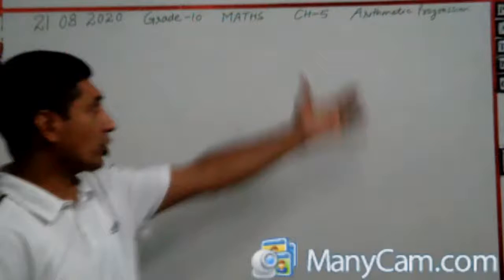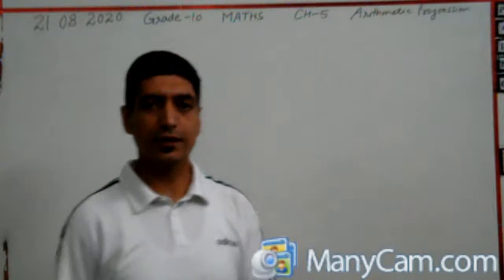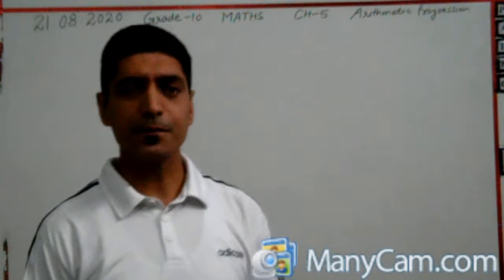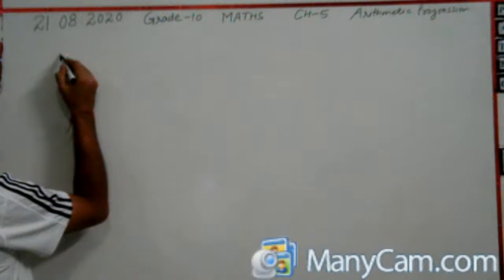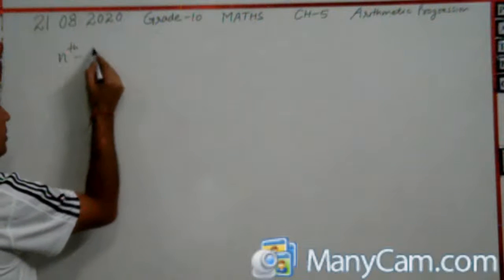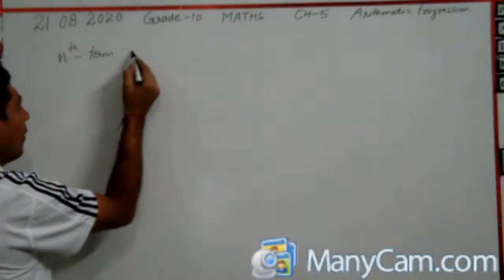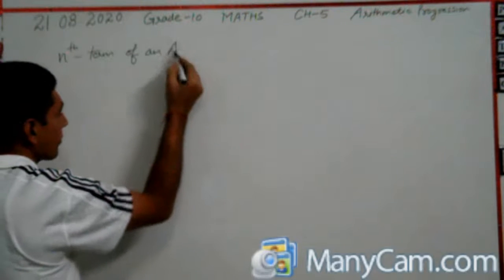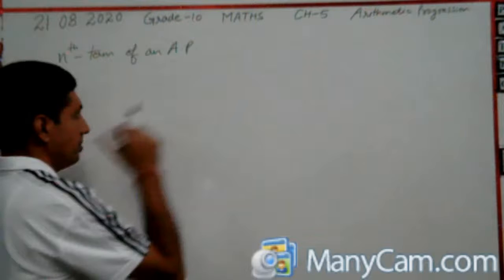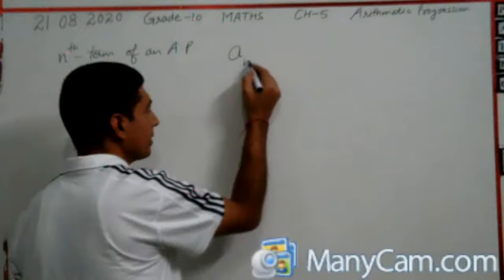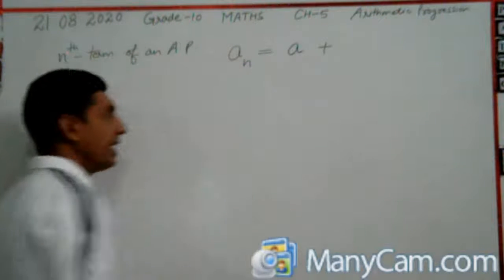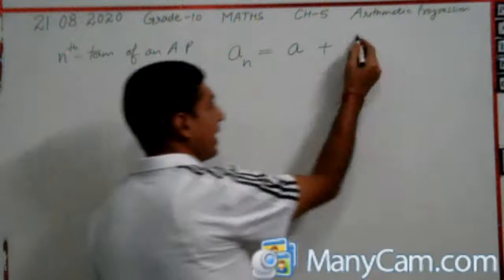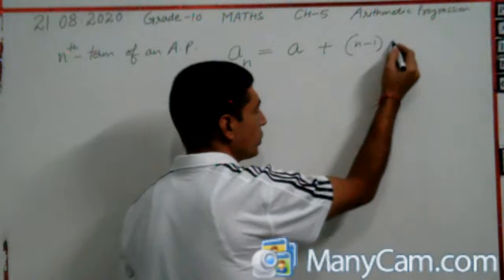So let's start the topic, that is arithmetic progression. We learned yesterday that the nth term of an AP, a_n, is equal to the first term, that is a, plus (n minus 1) into d.